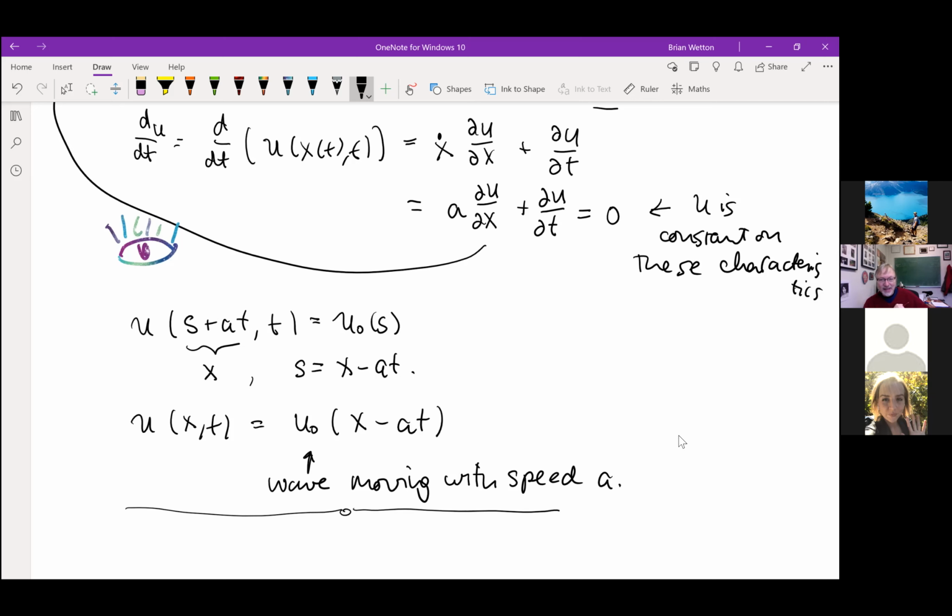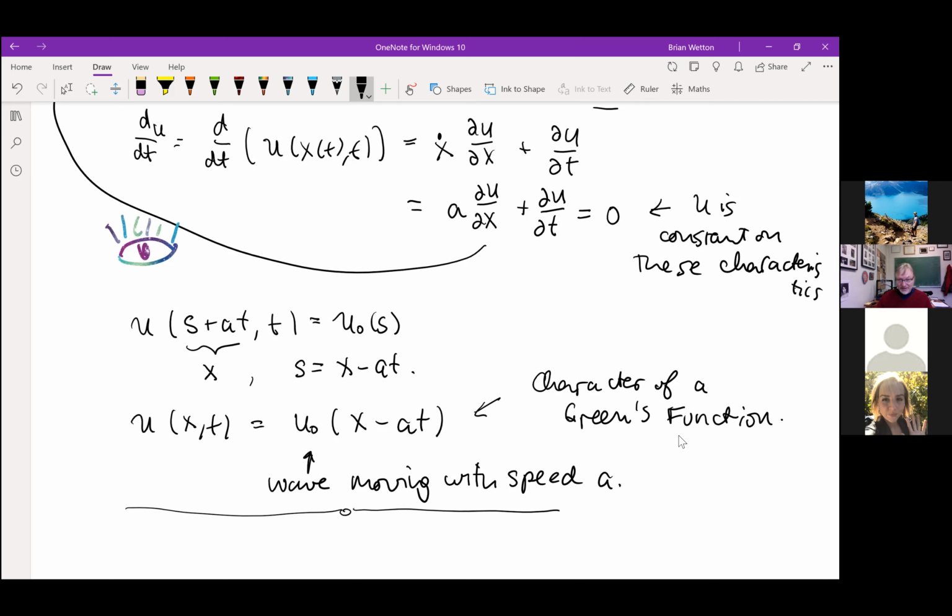One is series solutions, and the other one is Green's functions. Remember, a Green's function is really an explicit map of data to the solution. And so this has the character of a Green's function, because it's a pretty clear map of the initial data to the solution.